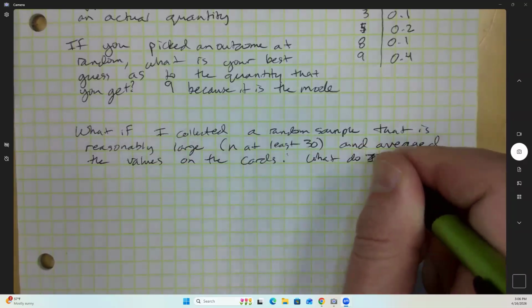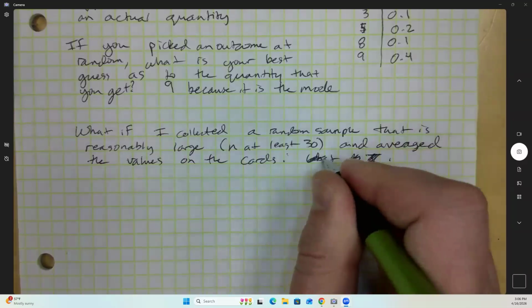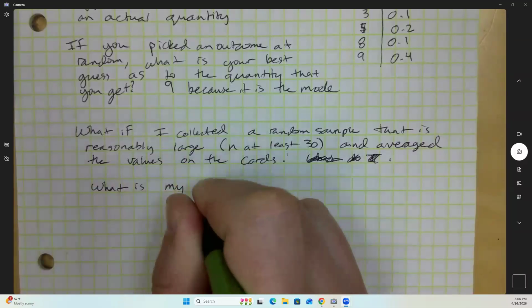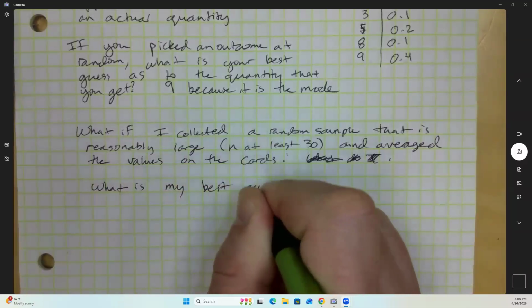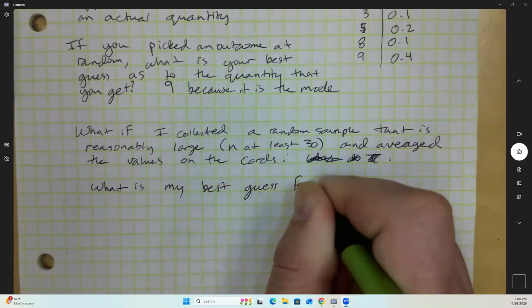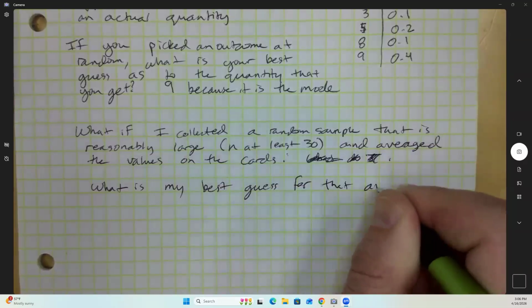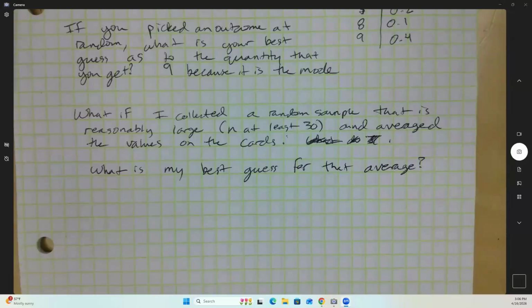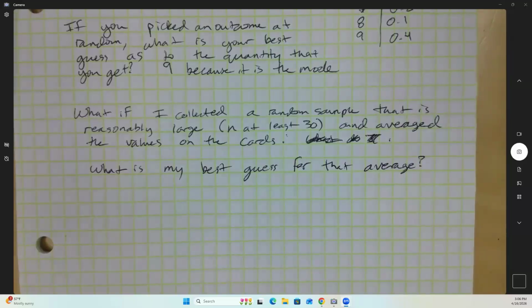What is my best guess for that average? That's a more interesting statistical question because it implies that we're doing good statistics by getting enough data.